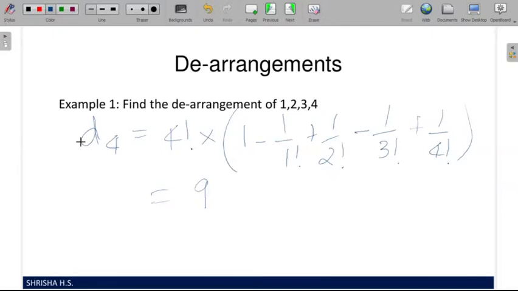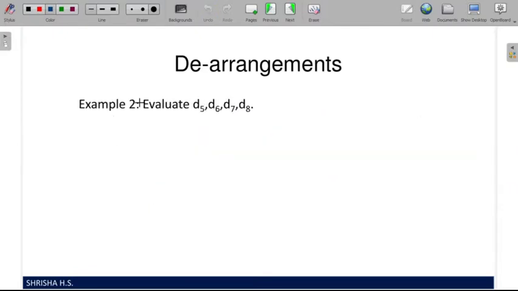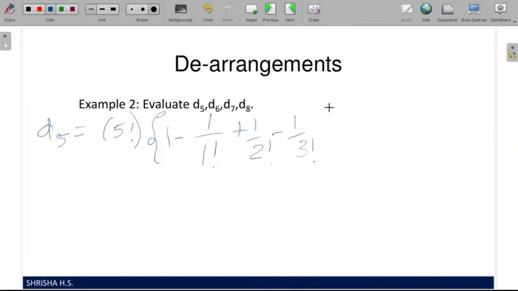So we will evaluate what D5, D6, D7 and D8 are. D5 equals 5 factorial multiplied by 1 minus 1 by 1 factorial plus 1 by 2 factorial minus 1 by 3 factorial plus 1 by 4 factorial minus 1 by 5 factorial. The answer gives us 44.